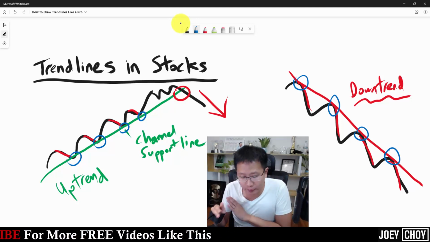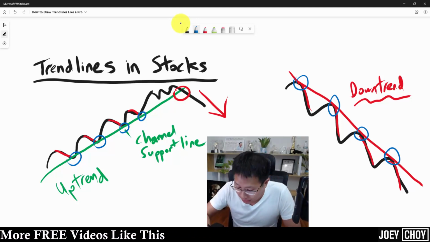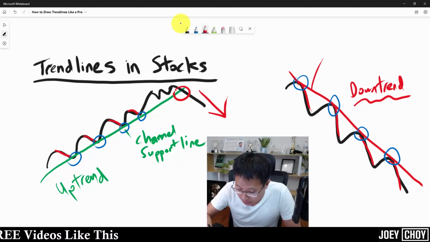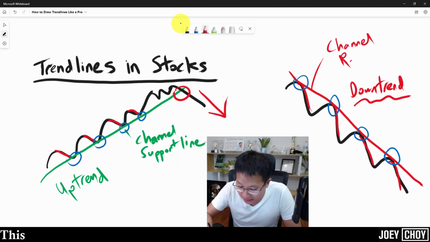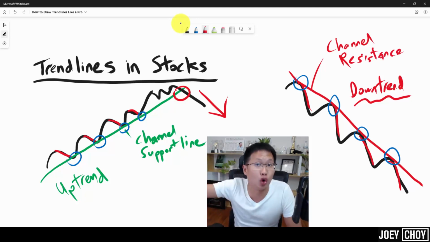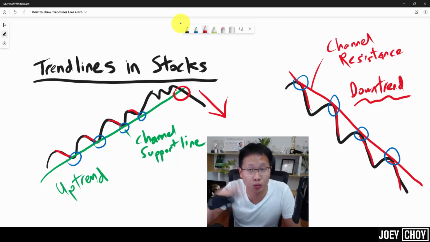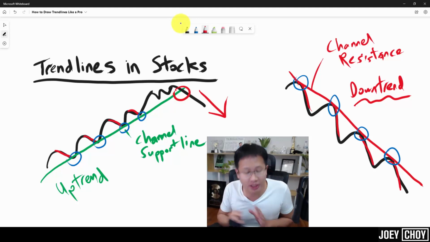Just by drawing a downward sloping channel, let me put here channel, this is what we call a channel resistance line. A resistance is one where it is at the top, and prices are below that resistance. A channel resistance is one that slopes downwards. So just by looking at these two lines, we can tell whether the trend is up or down.